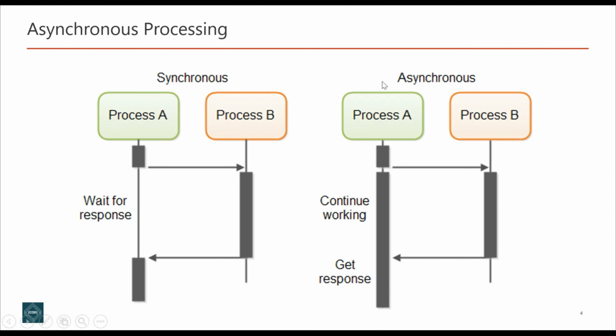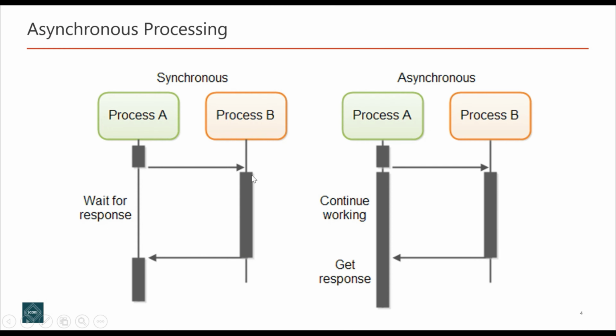Okay friends, now let's understand what is asynchronous processing, and how it is different from synchronous processing. If you see here, process A and process B: when process A calls process B for some input, for some results, then this particular thread, process A, is waiting for the response to come.